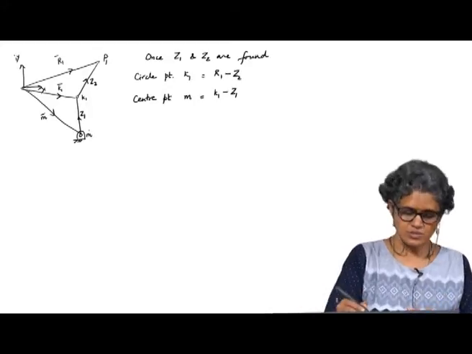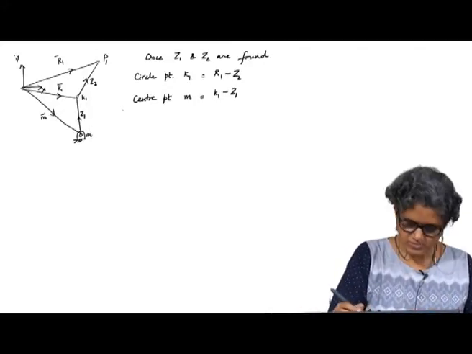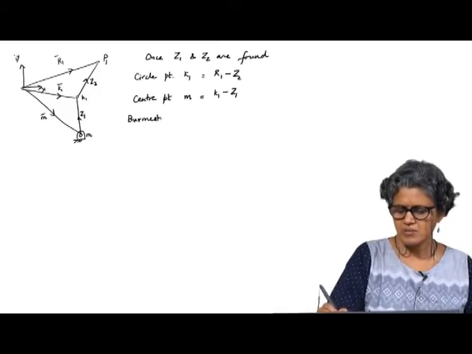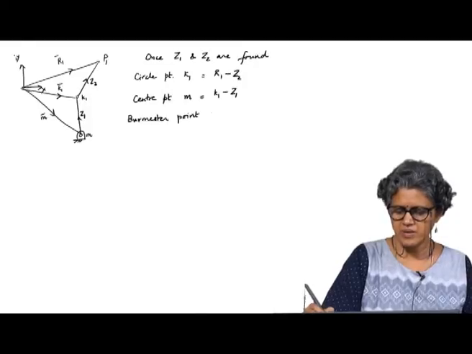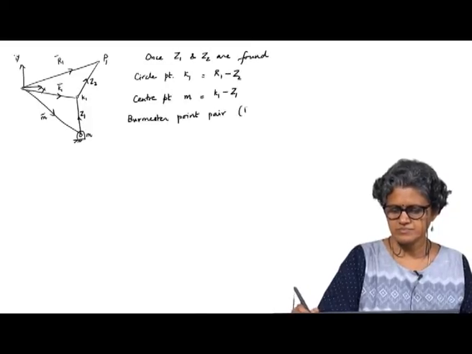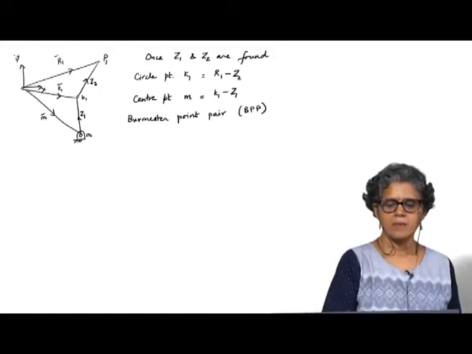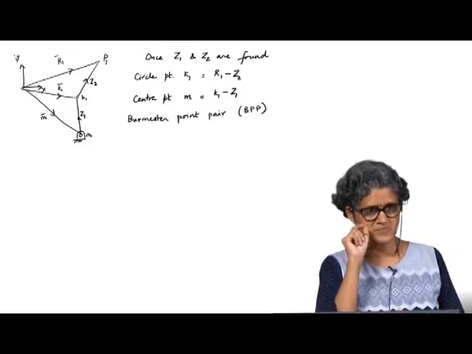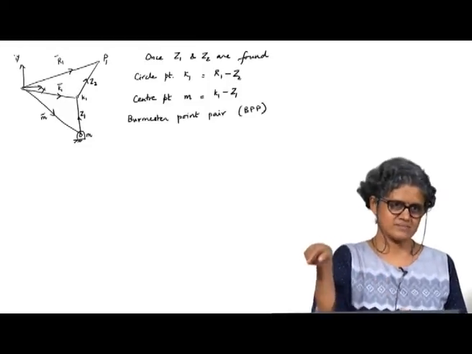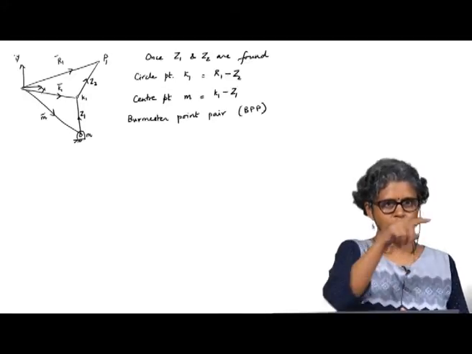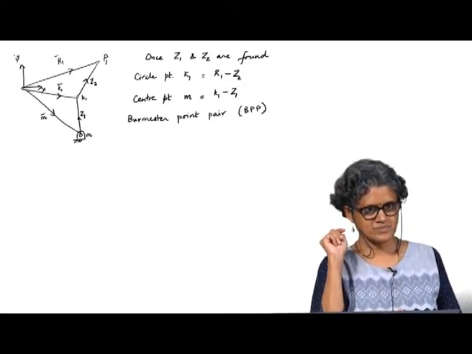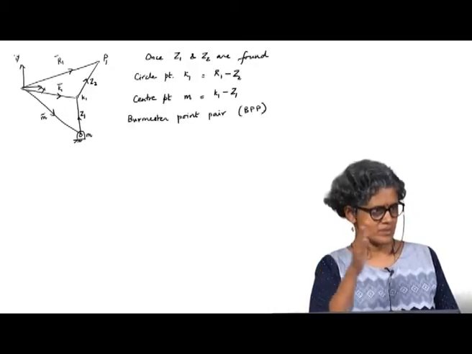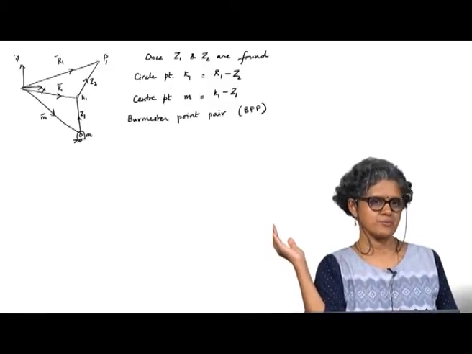BPP, Burmester point pair. Because it says that for a specific circle, if I find the locus of all the points K1, see, I have found out Z1 and Z2, I have solved it for different values of phi 2.